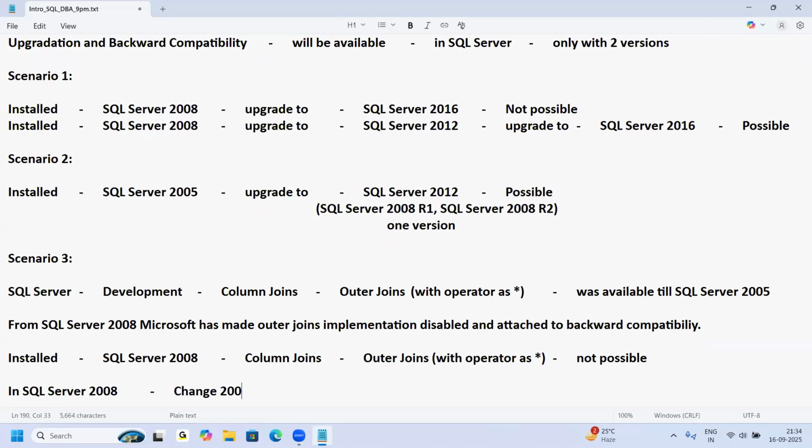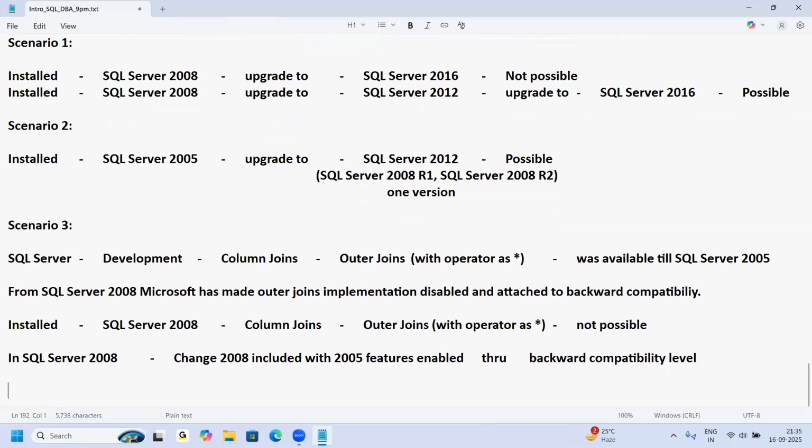Change 2008 back, included with 2005 features enabled through backward compatibility level.